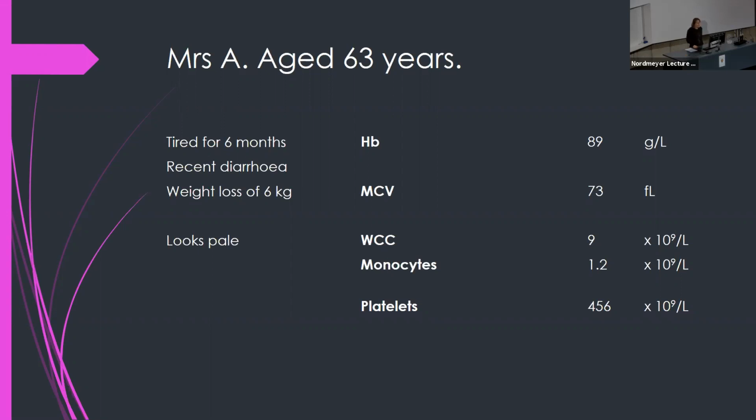And monocytes are quite useful. A high monocyte count is useful because there are only really three groups of conditions that cause it. One is malignancy. One is chronic infection like TB.